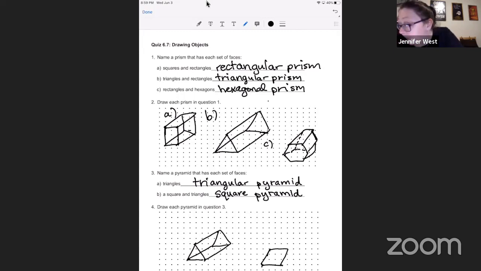I know it's not a perfect square, I'm sorry about that. And then it goes to the top. So this is a triangular pyramid. And this is a square pyramid.